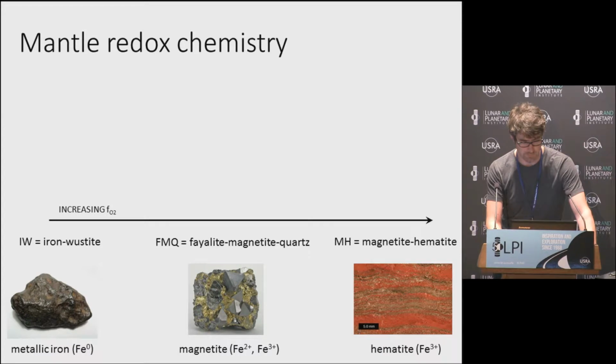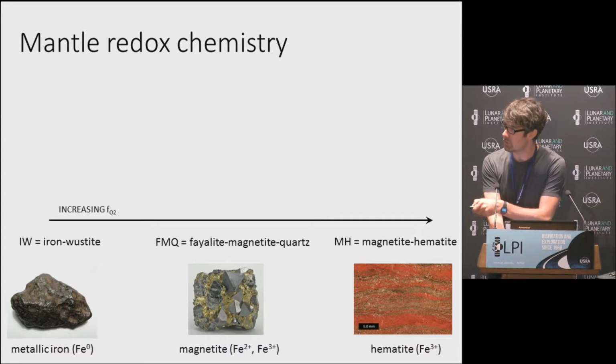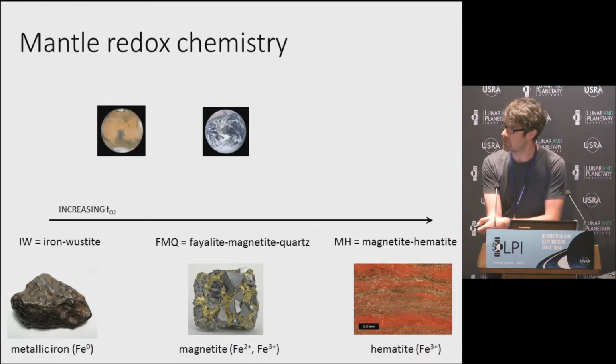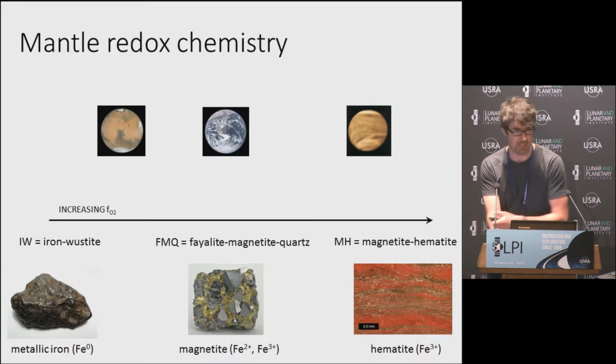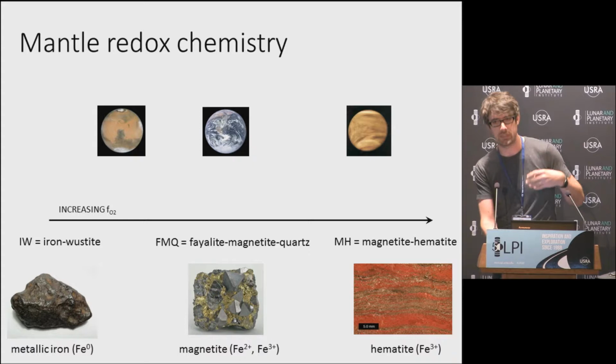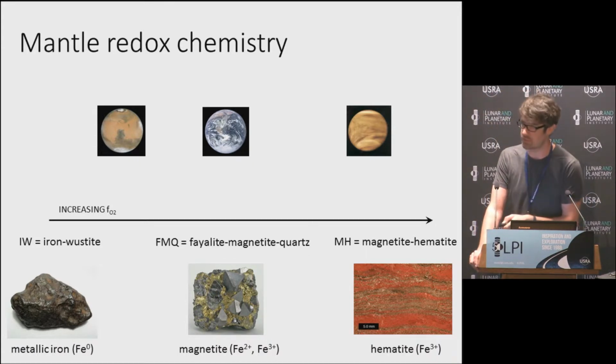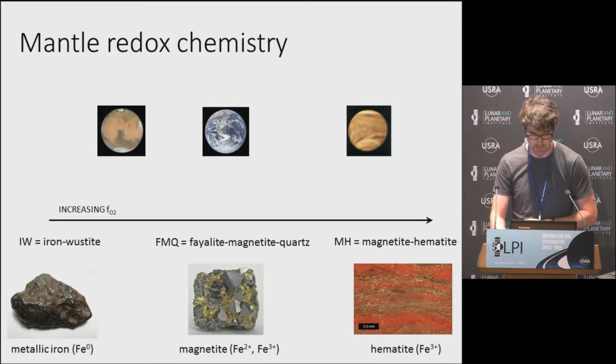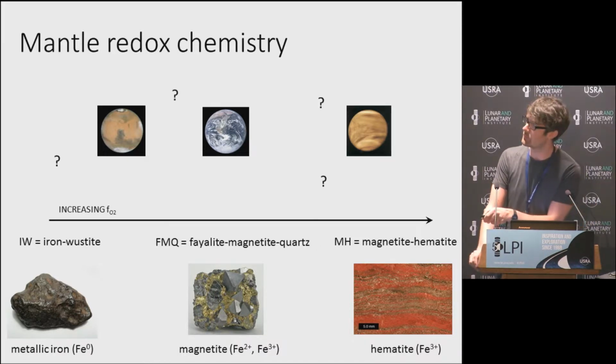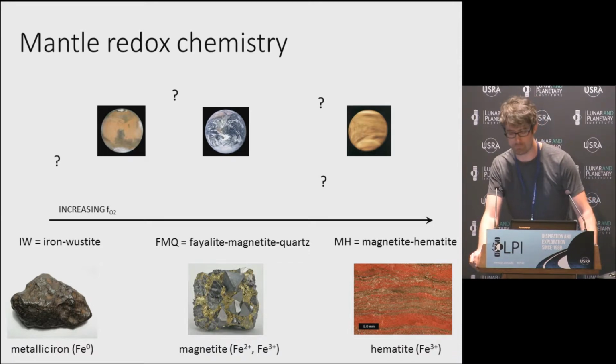So going back to this fO2 yardstick for oxidation picture, we can tentatively say that if we're talking instead about the bulk oxidation of the planets' upper mantles and atmospheres together, there seems to be some trend with orbital distance. So with Mars being more reducing and Venus being more oxidizing and Earth somewhat in the middle.